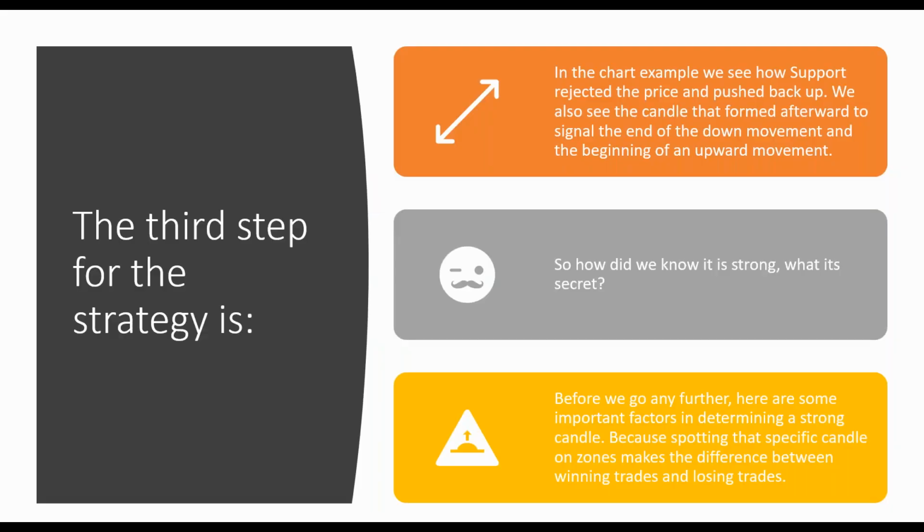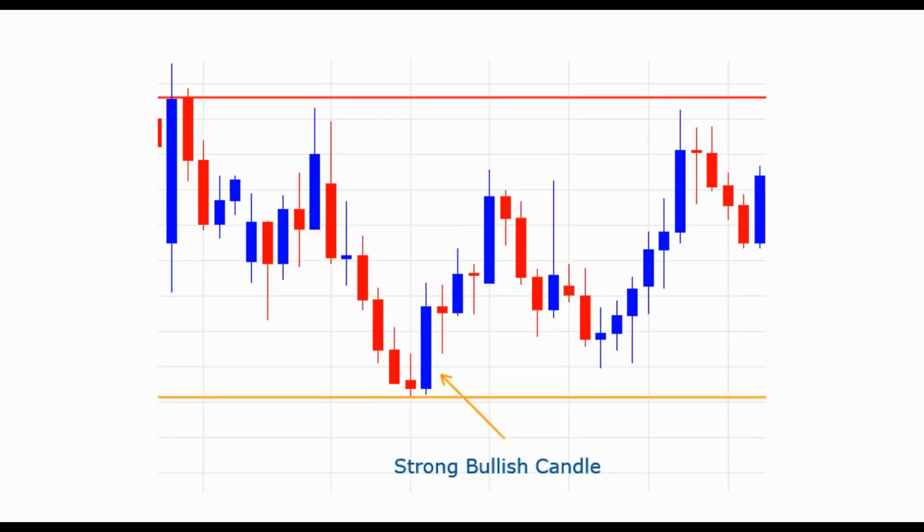So how do we know if it's strong? What's the secret? Before we go any farther, here are some important factors in determining a strong candle. Spotting that specific candle on zones makes the difference between a winning trade and a losing trade. What is a strong bullish candle? It's got a long body.